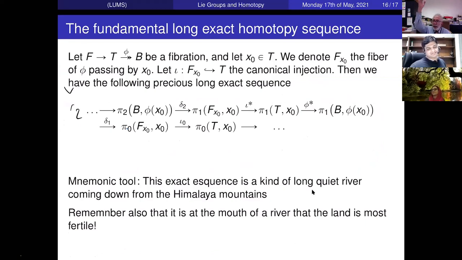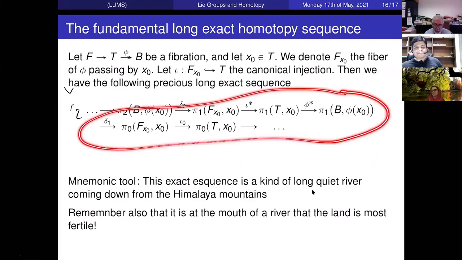A river goes from high to low, so the water is going like this. This is the first. So it is quite a long river, and what you should understand is that what we will look at is essentially what happens at the mouth of the river, and this is where the land is the most fertile.